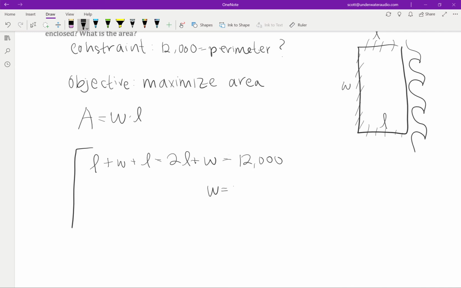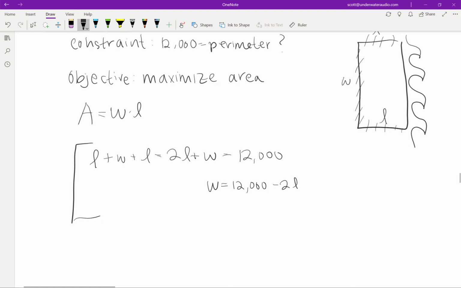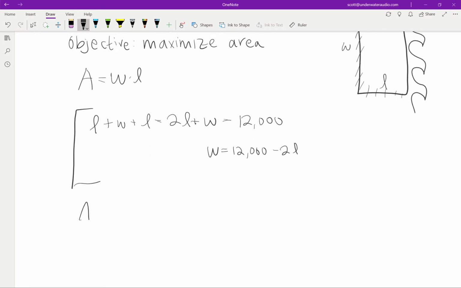W equals 12,000 minus 2L. That I will plug into my area. Area equals 12,000 minus 2L times L, or 12,000 minus 2L squared.